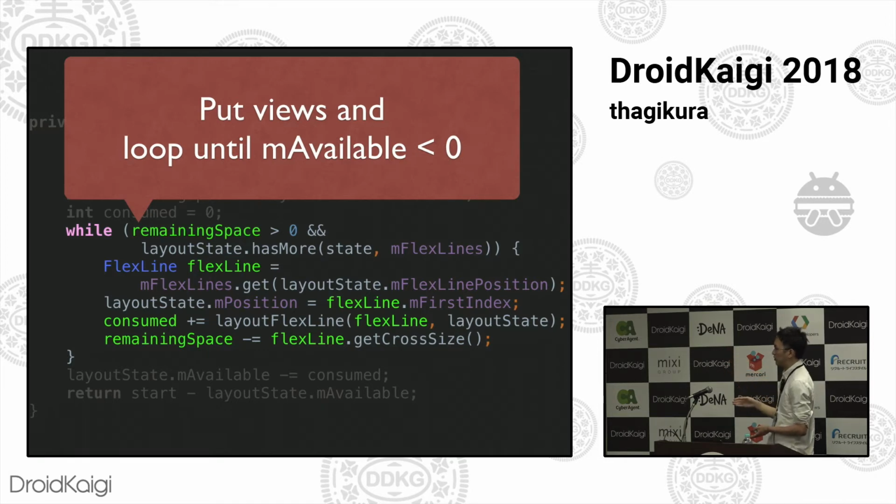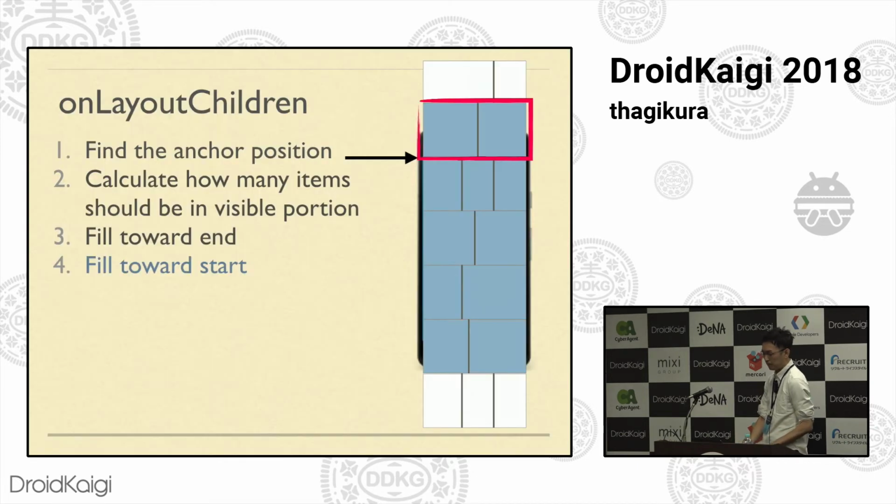So it is a better idea to make this function generic and usable from other contexts. Then similarly, from the anchor position, it fills towards the start. In this case, from the anchor position towards the top of the screen, by using the same fill method with the opposite direction.